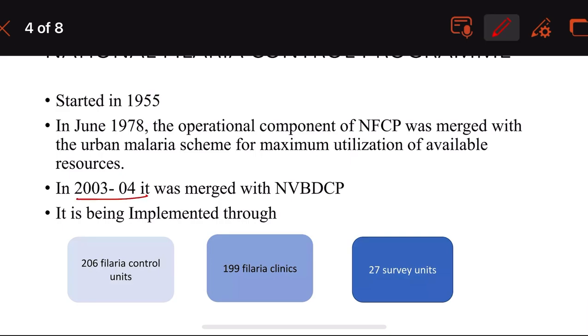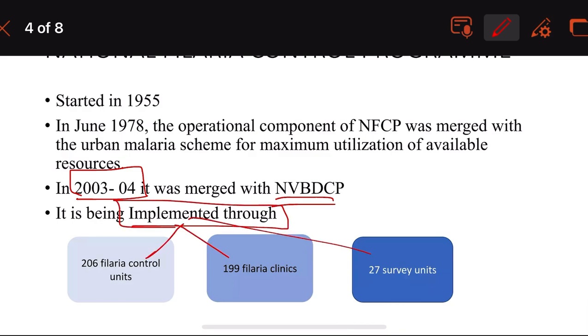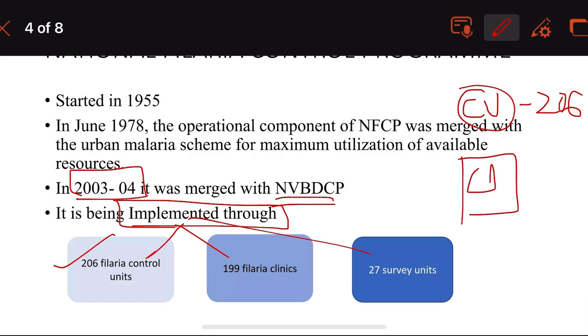So in 2003-4, they merged with NVBDCP and implemented the program through 206 filaria control units, then 199 clinics, and lastly, the survey units were 27.